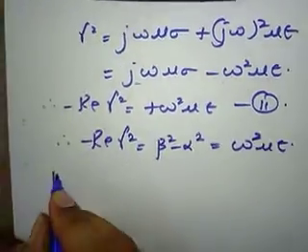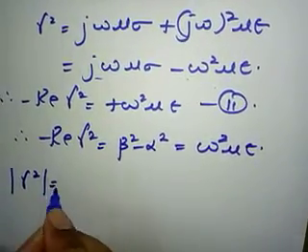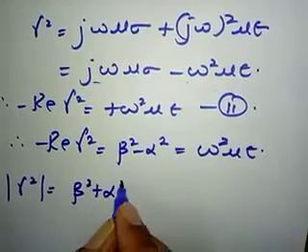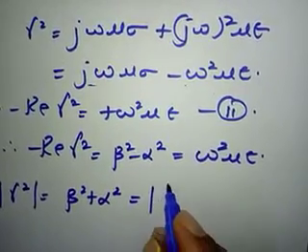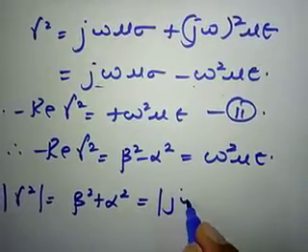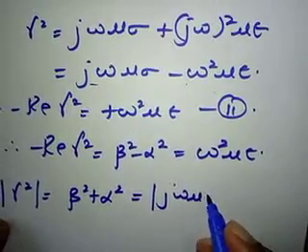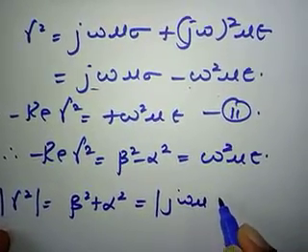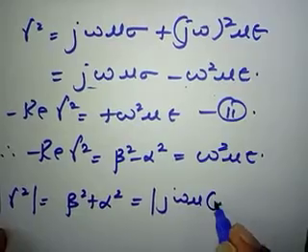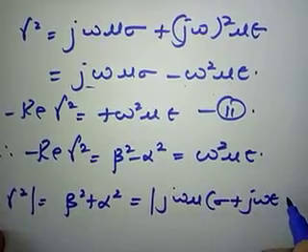Or if you take the absolute value of gamma square, this will be equal to beta square plus alpha square. That is the absolute value of j omega mu, that is gamma, into the absolute value of sigma plus j omega epsilon.